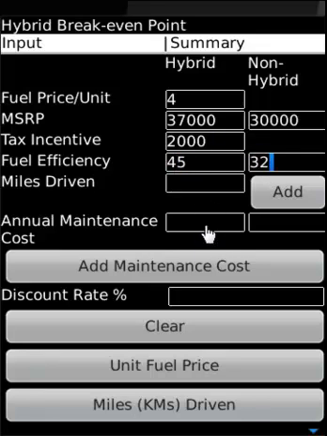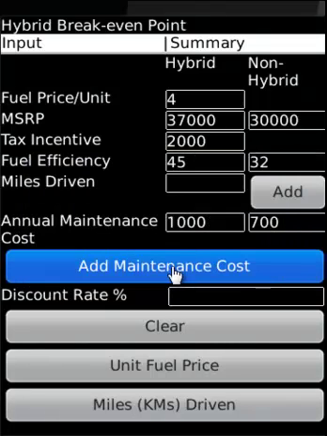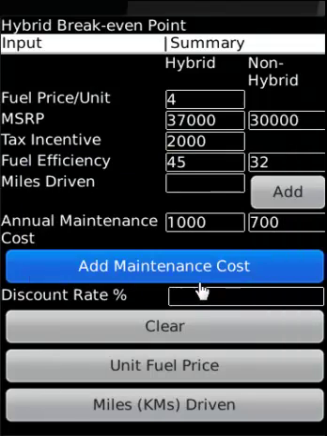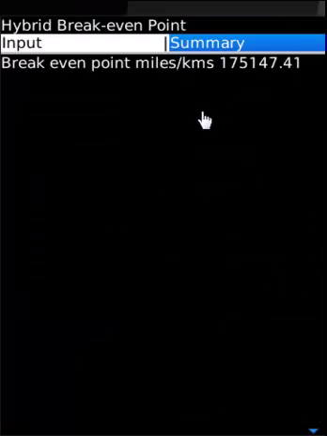Miles driven we want to calculate. Actual maintenance cost is 1,000 and this is 700. 1, 2, 3, 4, 5. So discount rate is 5% and we want to calculate the miles driven. So this is how many miles we have to drive for them to break even.